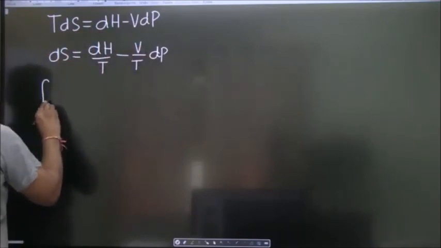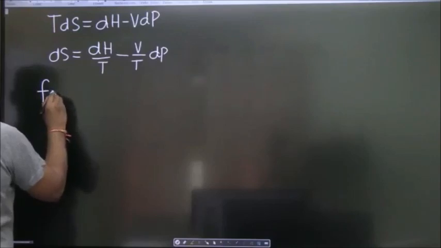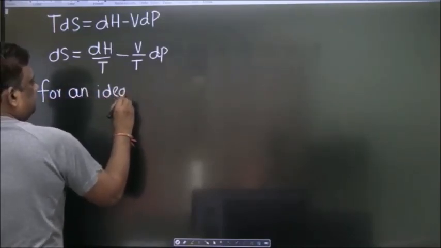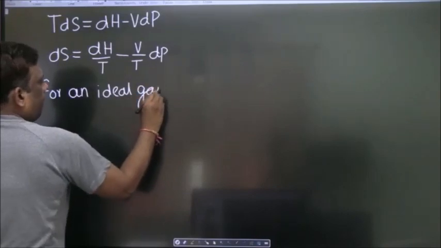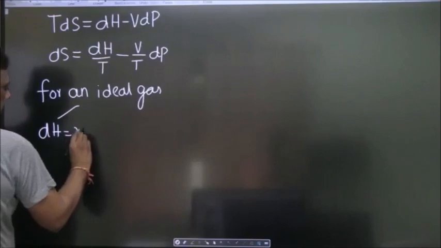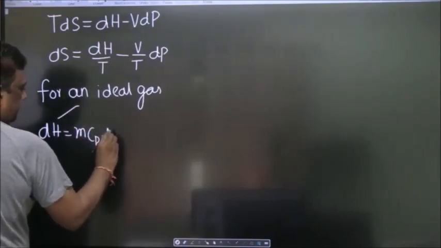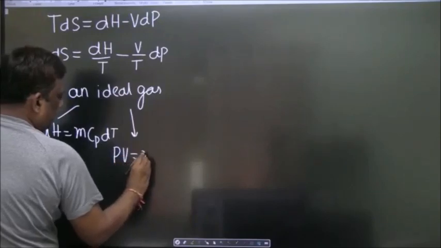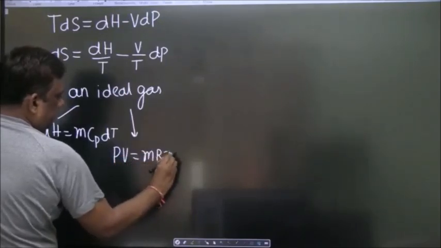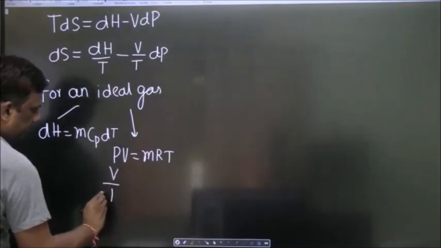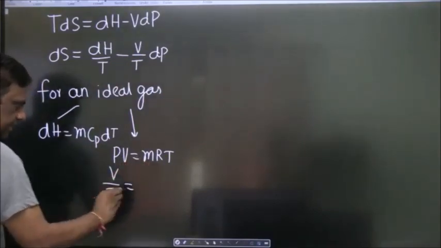Now, for an ideal gas, dH is equal to mCp dT and PV is equal to mRT. What will be V by T?